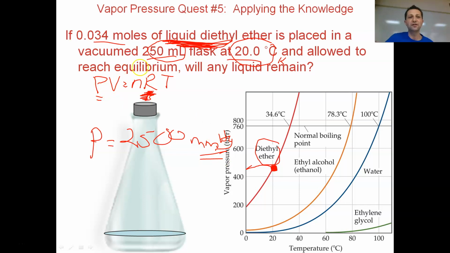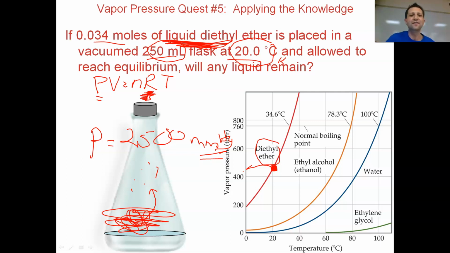So you squirt the 0.034 moles of liquid diethyl ether in this flask, and some of it starts to evaporate until we reach a pressure of 450 torr. Once we reach that pressure of 450 torr, no more evaporates, it's not allowed to. So we can't have all of it evaporate.